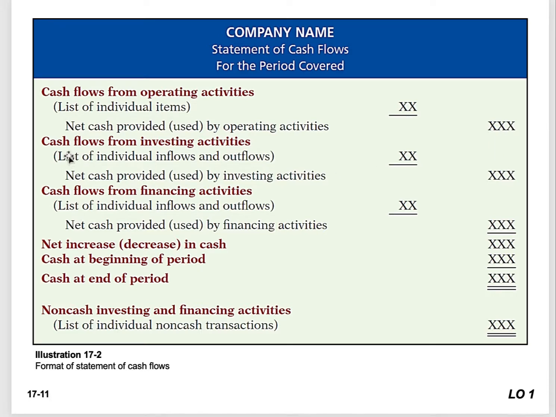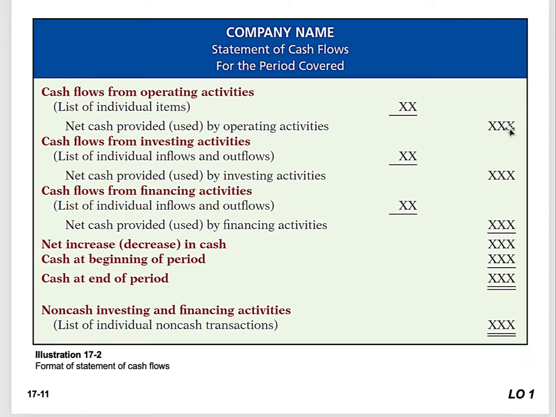And then we get to the next section. Hey, cash flow from investing activities. We list them out. Then when we're done with this section, we have our title that says net cash provided by or used by investing activities. Same thing with the cash flow from financing activities. You list out all the items that fit within the financing activities. Then you say, okay, here's the net cash that is either provided or used by the financing activities.